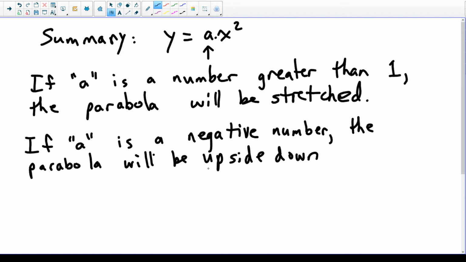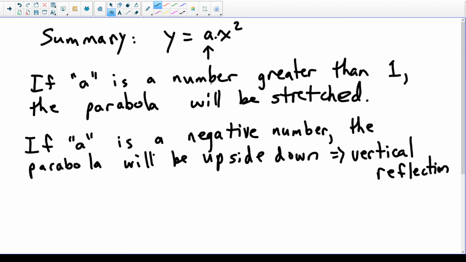And when we flip something upside down, that is called a vertical reflection. Okay?